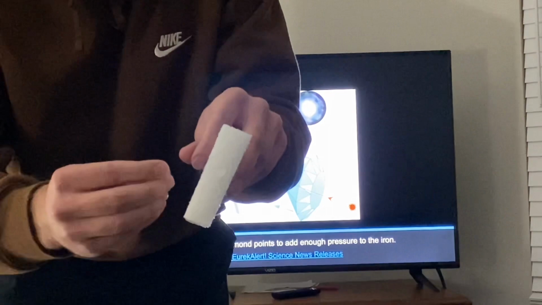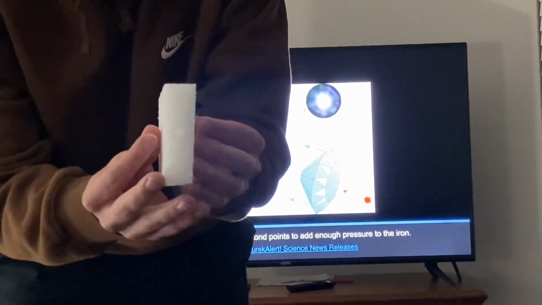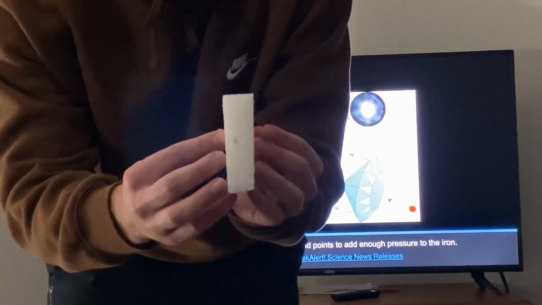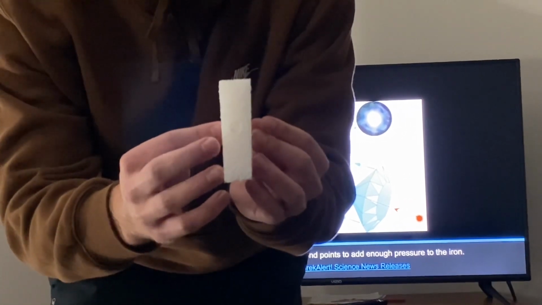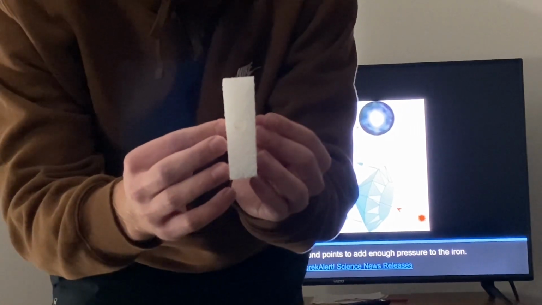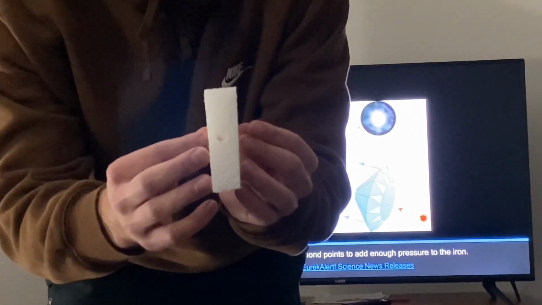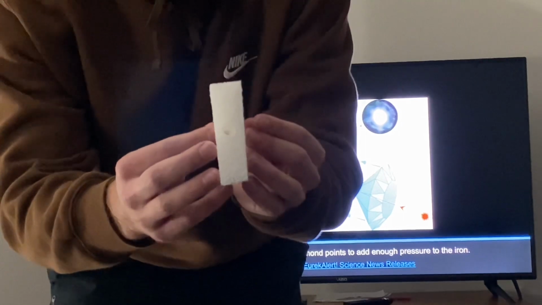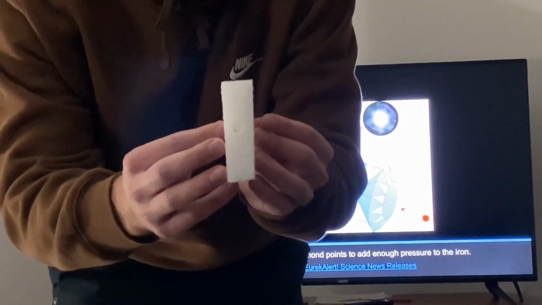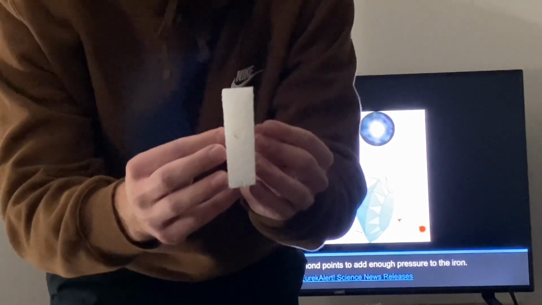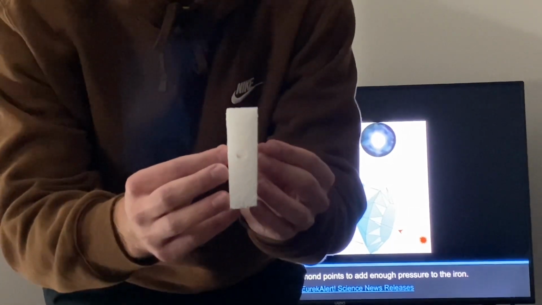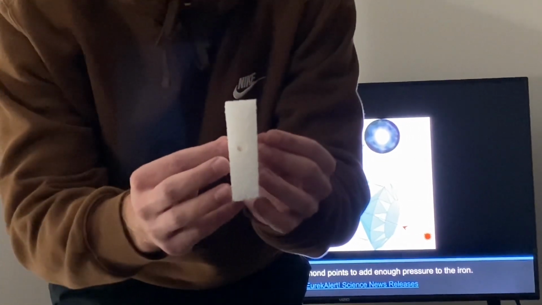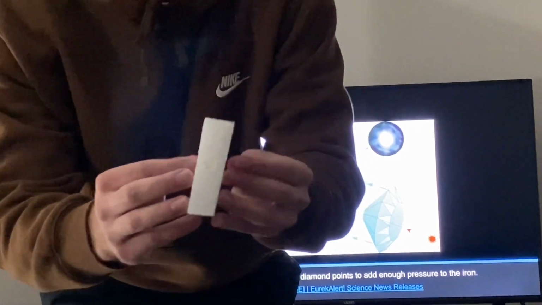After they would do that, they would take two diamonds and ram them together on the piece of iron, and then through a little hole they would shoot a laser beam through it to heat the piece of iron. As soon as they got it as close to the conditions that are in the inner core, they would take the temperature of that and estimate how hot the inner core of the Earth would actually be.